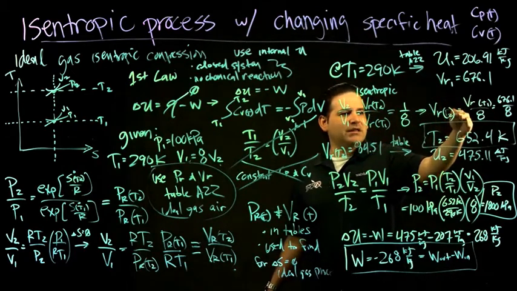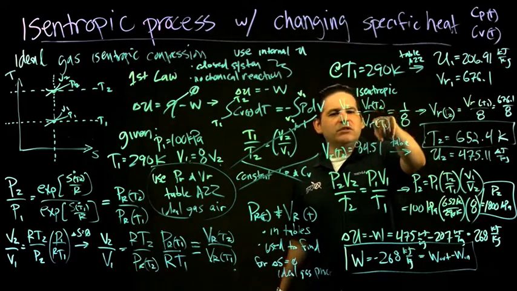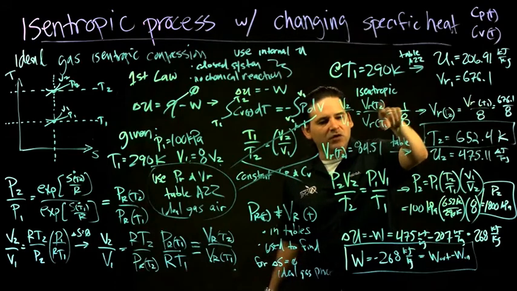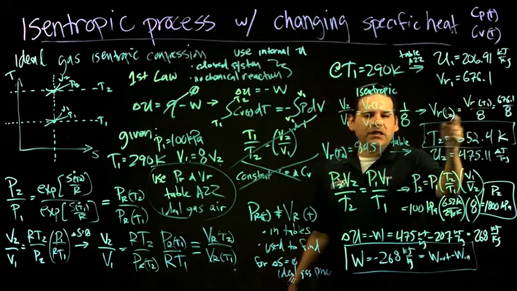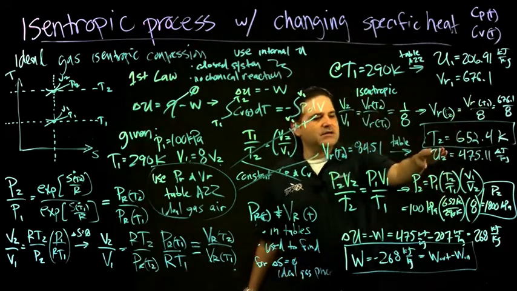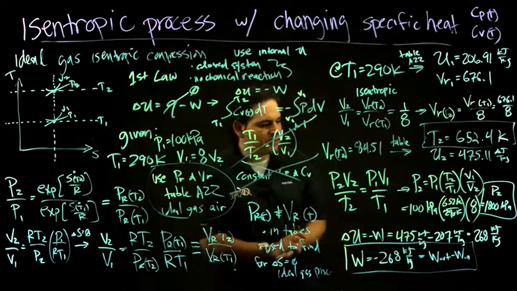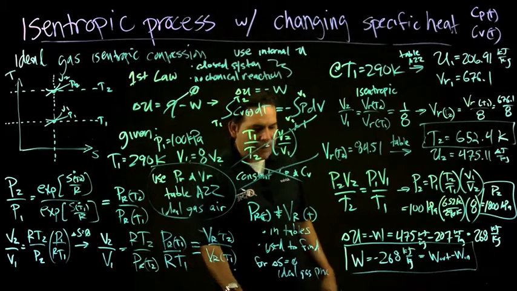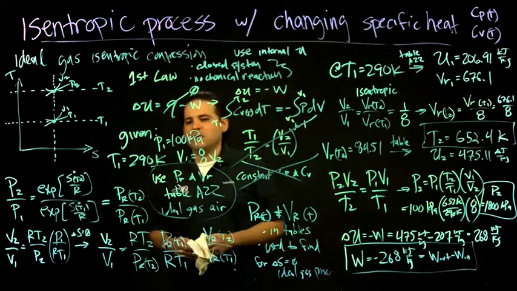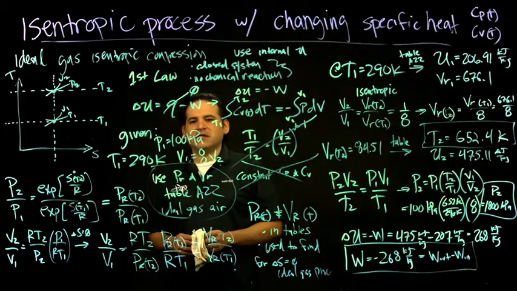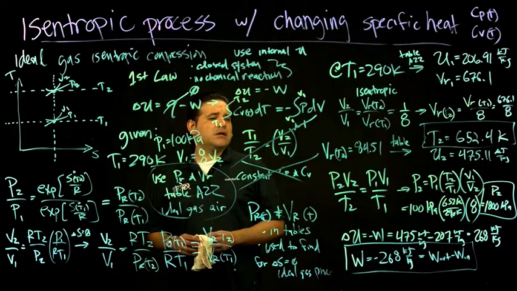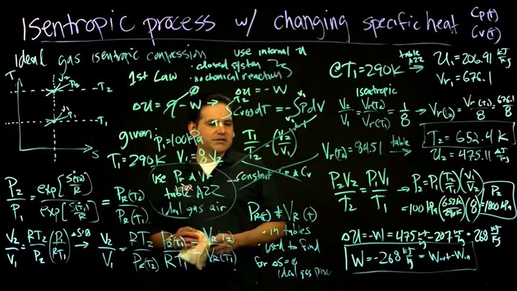That's how you connected these two. For an isentropic process, you can find this relative volume at the end, and that's your link to the state at the end. And then you can go from there. So this is the way to use the tables to do this isentropic process analysis accounting for this temperature dependence.